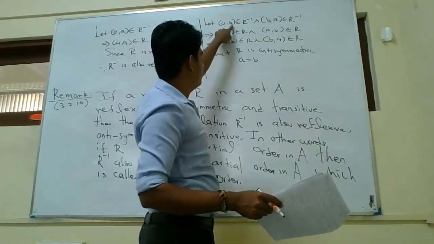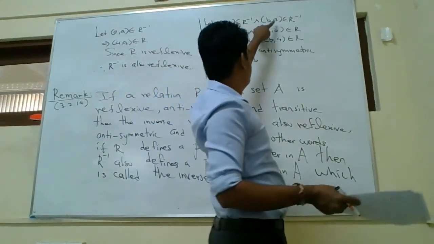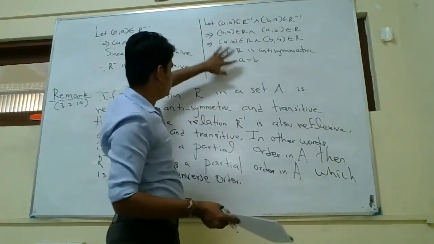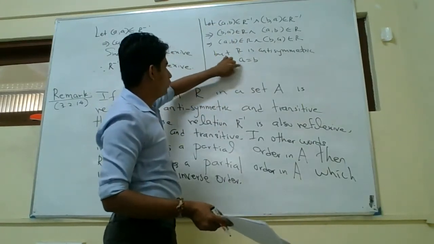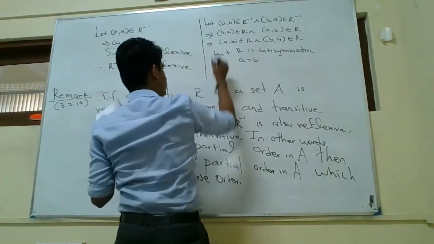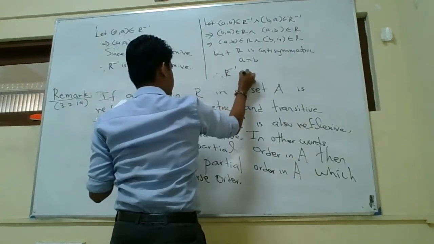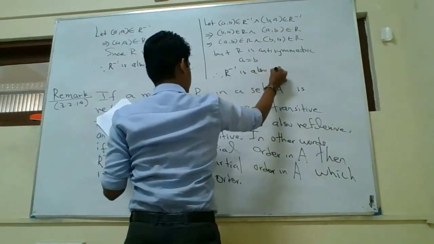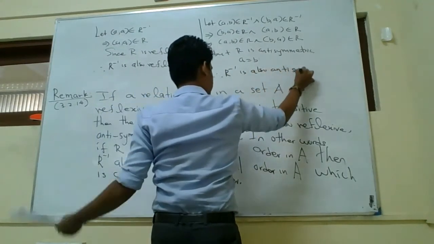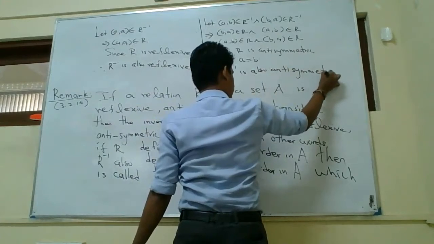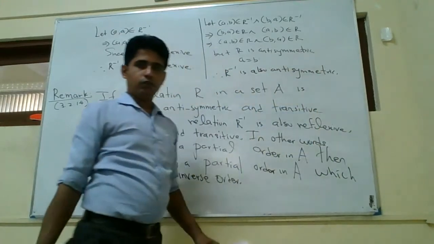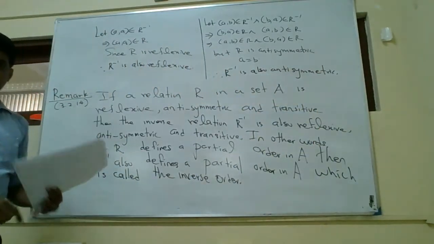Therefore R inverse is also antisymmetric.